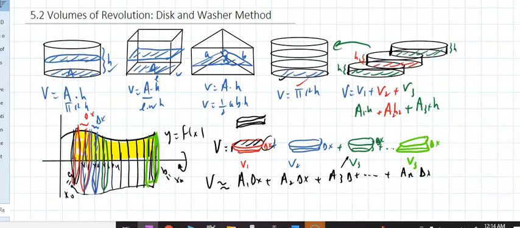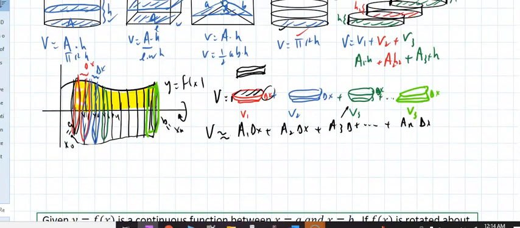So if I really look closely, I could write this two ways, and I'm going to do it both ways. I could say this is going to equal a of x1 delta x, because that right there is represented by x sub 1. That would be this first height.